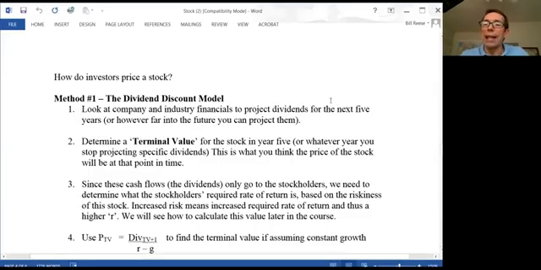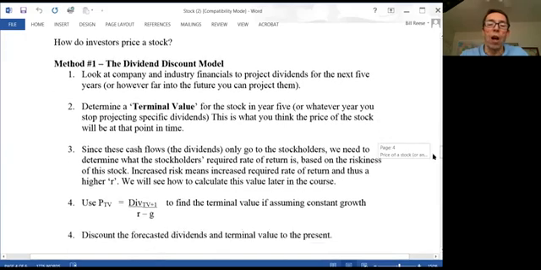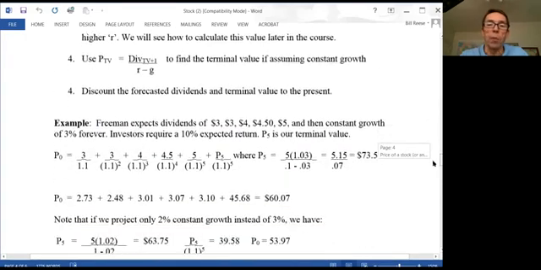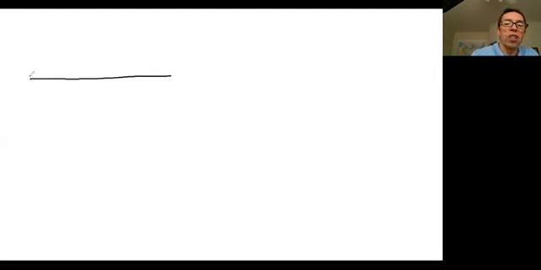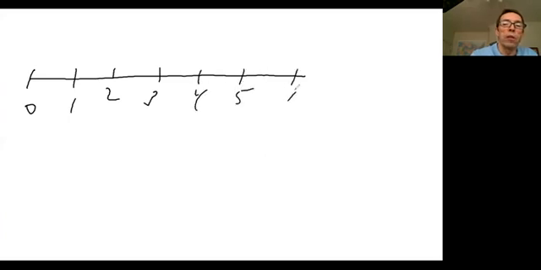So let's take a look at an example that we have for you with a fictitious firm called Freeman Corporation. We're going to say that Freeman, based upon our research, is expecting some certain dividends over the next 5 years. Let me put this into the whiteboard, and then we'll come back to this in a second. Here is what we are expecting for the dividends for Freeman. Here's time 0, 1, 2, 3, 4, 5, and we'll go out to 6 here.